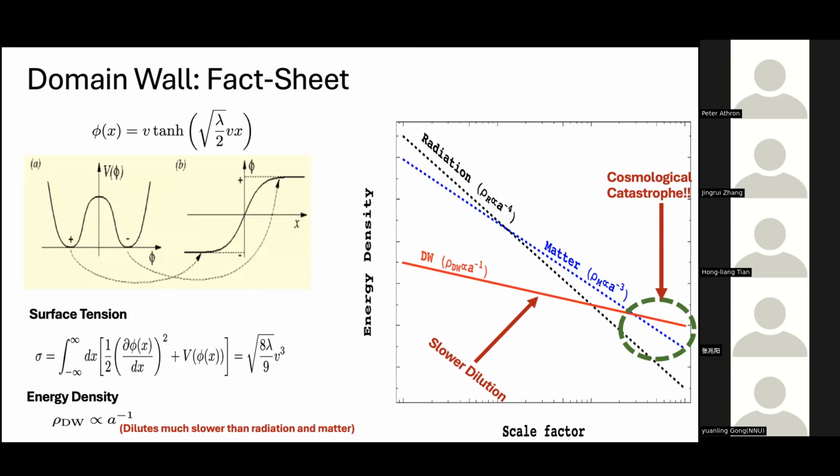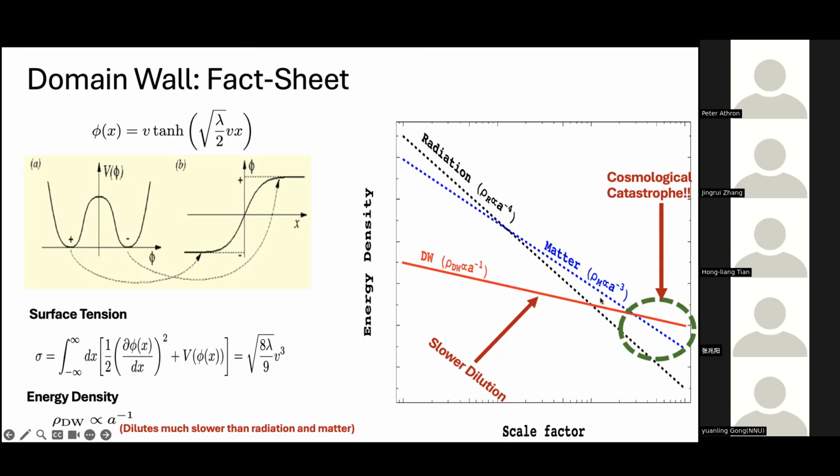Another important piece of information about domain walls that I want to give is that its energy density varies very slowly. It is inversely proportional to the scale factor of the universe. That means it dilutes much slower than radiation and matter, as can be seen from the figure on the right. Here I show the evolution of radiation with the scale factor in black dotted line, then matter in blue dotted line, and finally, in red solid line, how the energy density of the domain wall evolves.